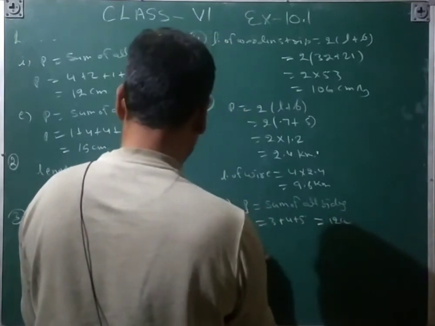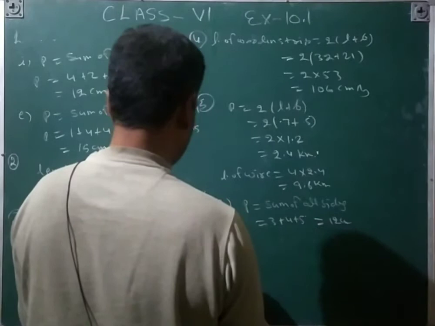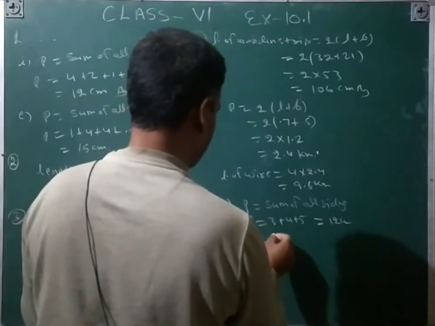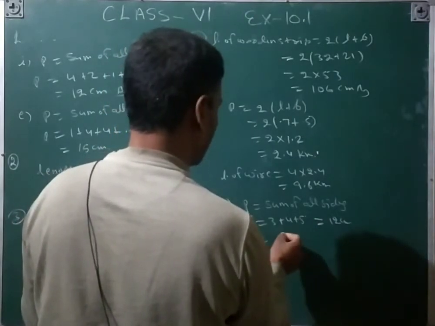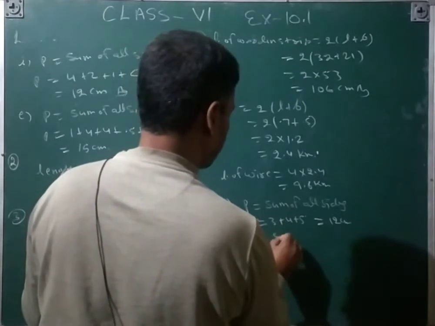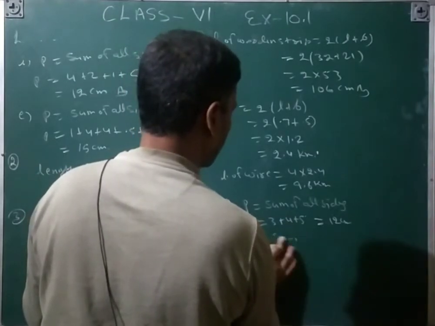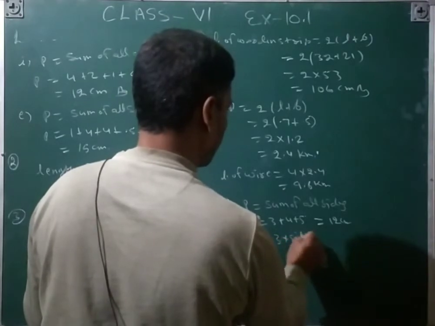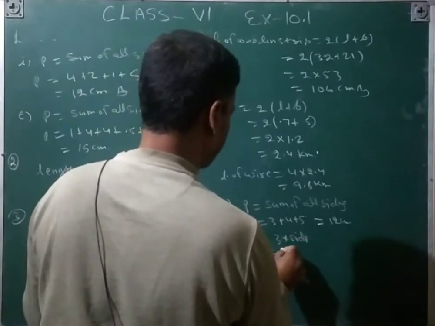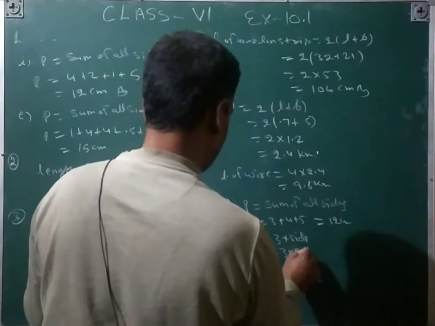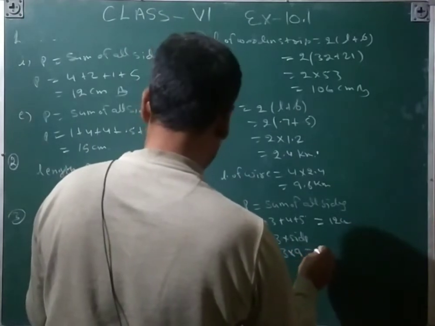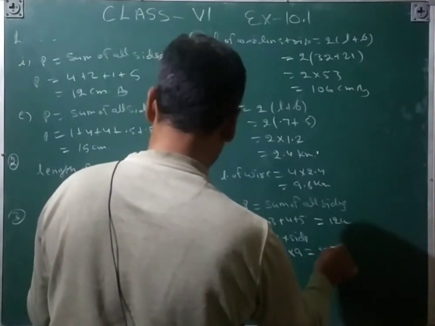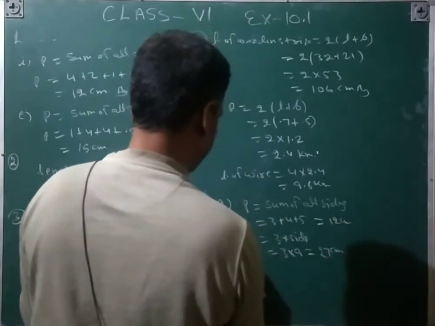B part: an equilateral triangle. The perimeter is equal to, a triangle has 3 sides, so again we will write the sum of all sides, or you can write 3 into side, both are the same. So 3 into 9 is 27 centimeter.